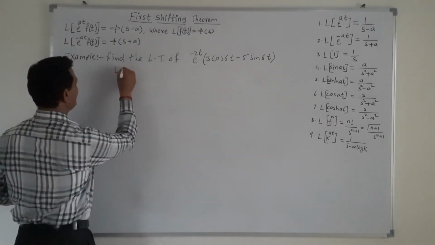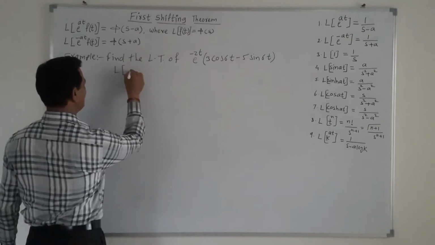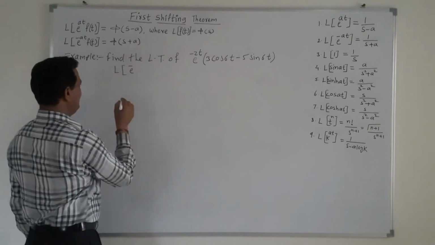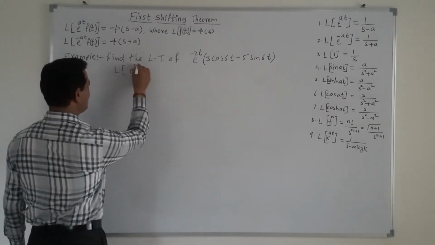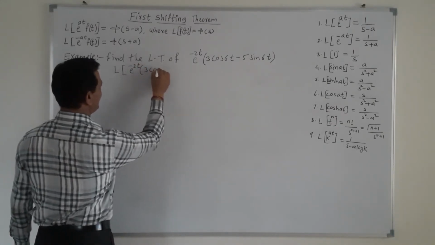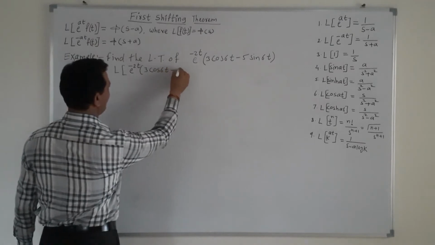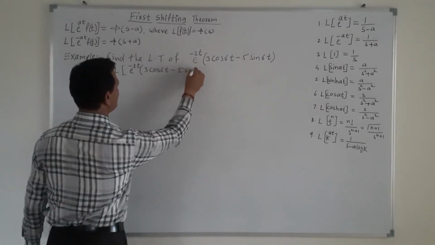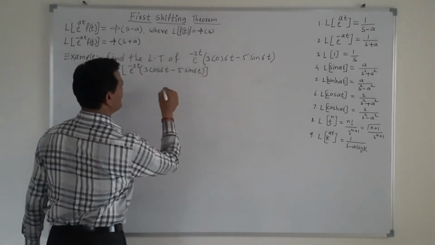If we take the Laplace transformation of this function, we get the Laplace transformation of e raised to minus 2t in bracket 3 times cos of 6t minus 5 times sine of 6t.